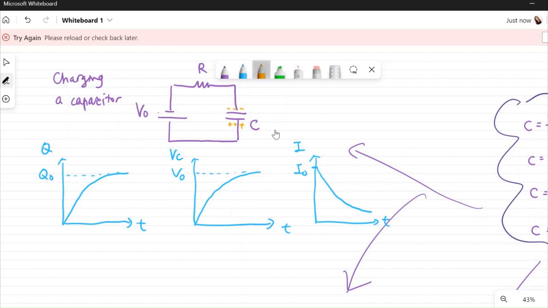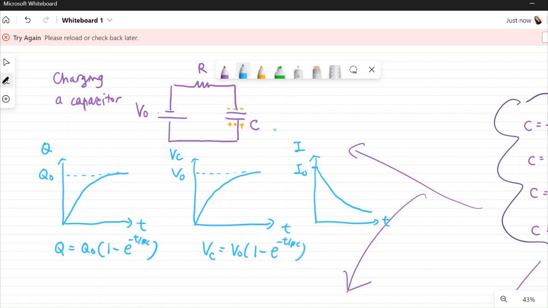We can use an expression to represent the graph: for the charge stored in the capacitor, Q is equal to Q naught times 1 minus exponential negative T over RC. Voltage across the capacitor, VC, has a similar expression. VC is equal to V naught times 1 minus exponential negative T over RC.